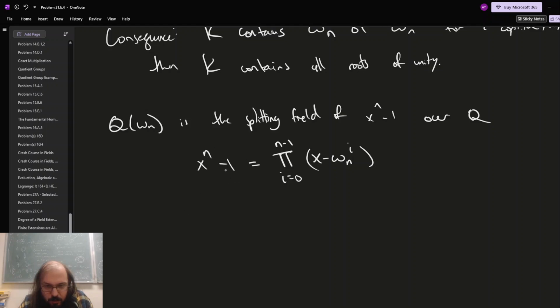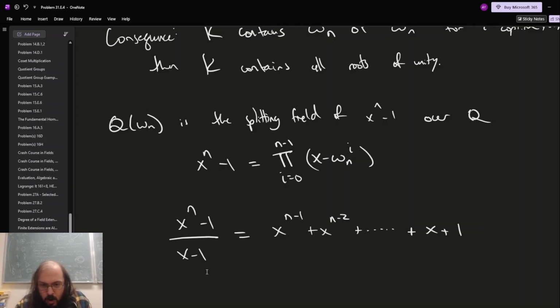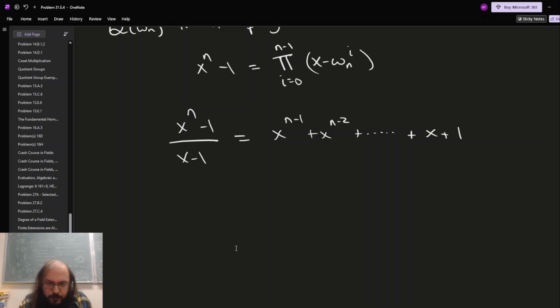It is certainly not always an irreducible polynomial. x to the n minus 1 over x minus 1 has this very simple form, like so. This probably warrants some explaining, and maybe even a brief proof. The proof is very simple, it's kind of just algebra: multiply both sides by x minus 1.